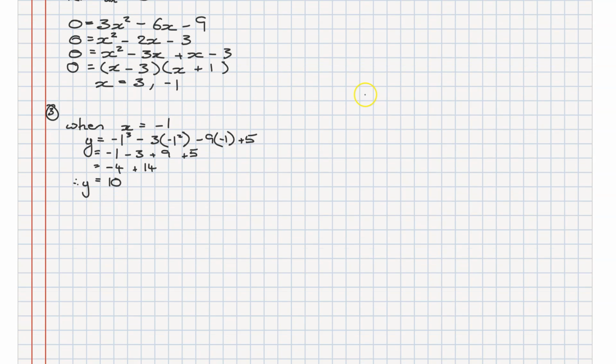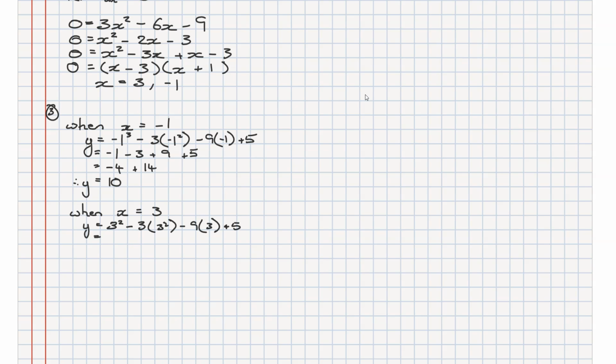And then when x equals 3, y equals 3 cubed minus 3 times 3 squared minus 9 times 3 plus 5.